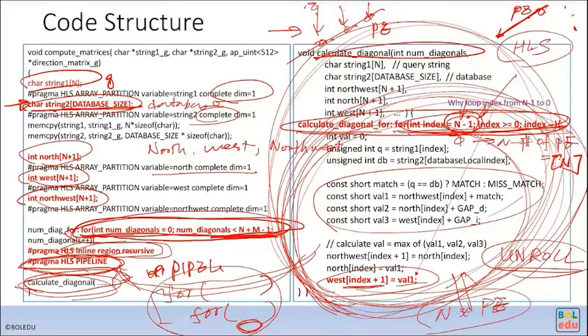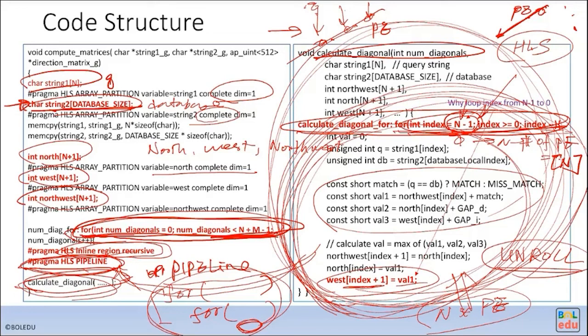You put a pipeline here, then this two-level for loop will be unrolled. So that's the basic coding structure to instantiate a systolic array.